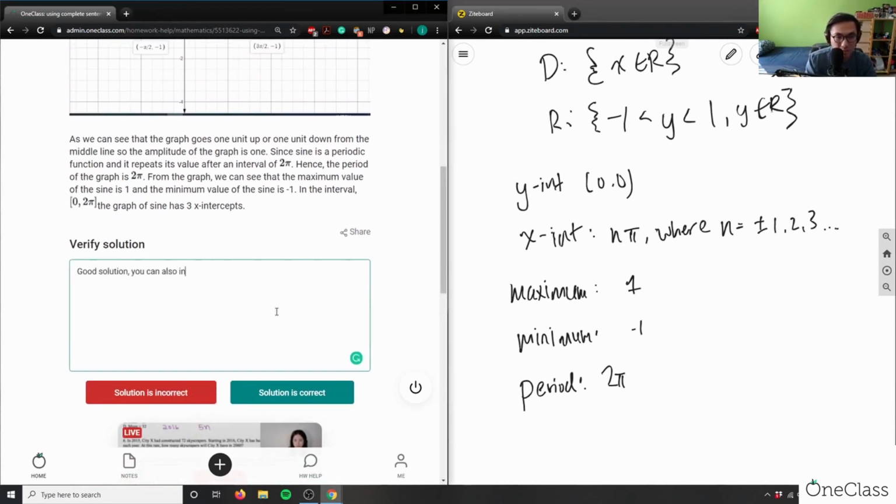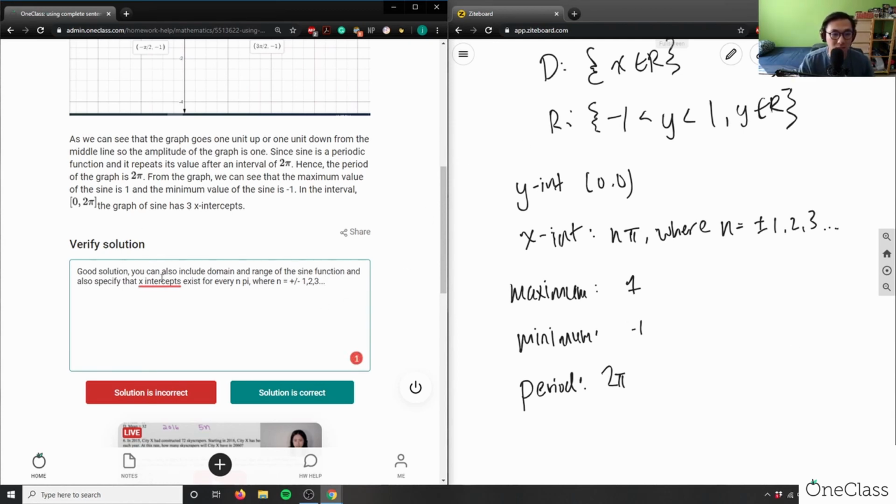You can also include domain and range of the sine function, and also specify that x-intercepts exist for every n pi, where n equals plus or minus 1, 2, 3, and so on. Basically every integer. Because again, it repeats both for the positive and the negative signs here.